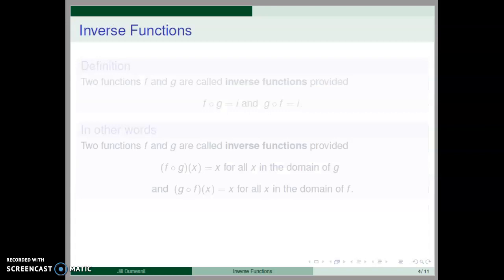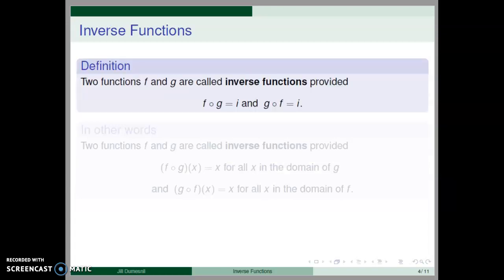Now let's define inverse functions. Two functions f and g are called inverse functions, provided f circle g is I, and g circle f is I, where I is the identity function.